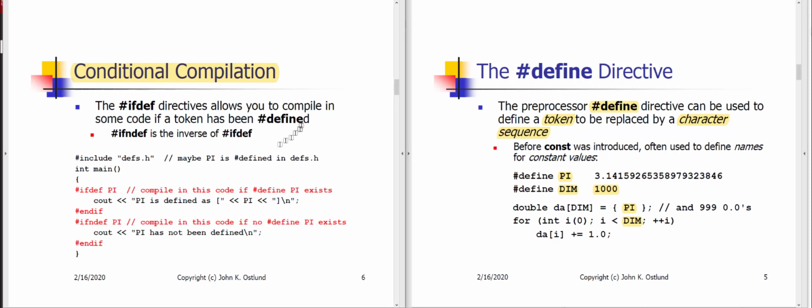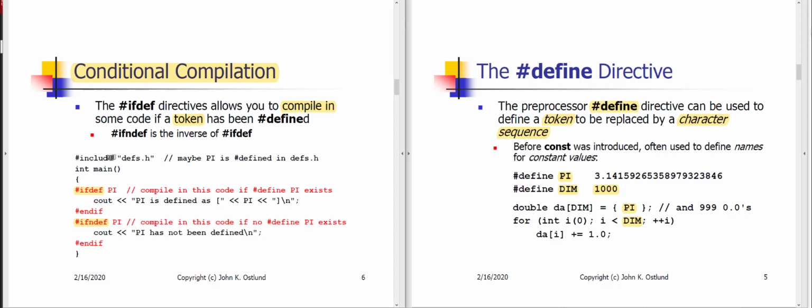The idea here is that you can compile in certain lines of code depending on whether some certain token has appeared in a pound define. We use pound ifdef to test whether a certain token has been in a pound define directive. We use ifndef to test whether a certain token has not been in a pound define directive.